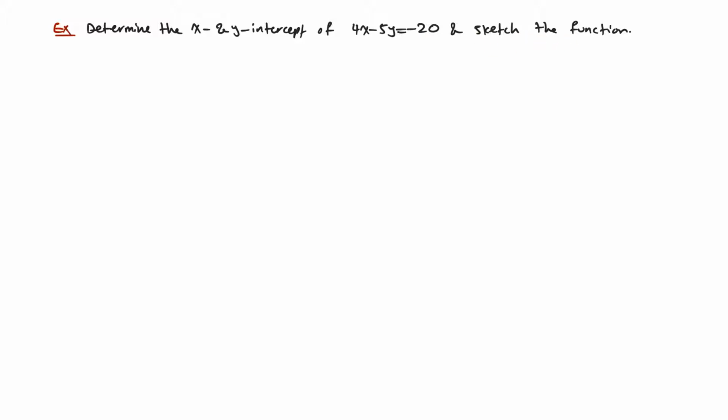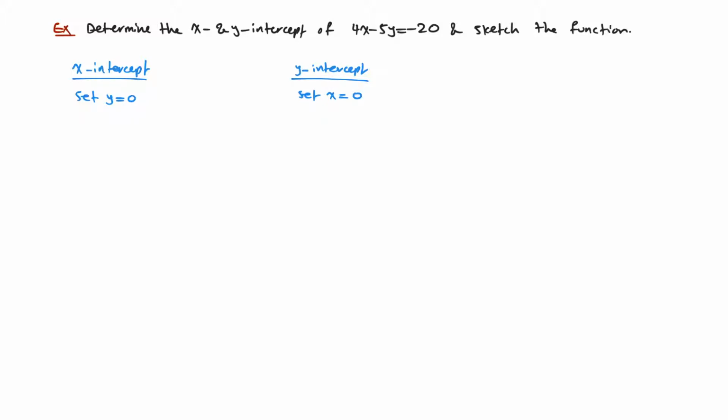So to determine the x-intercept, if we review from previous lessons, for x-intercept, we have to set our y value, or the y coordinate, to 0 and solve for x. And for the y-intercept, we need to set our x coordinate to 0 and solve for y.